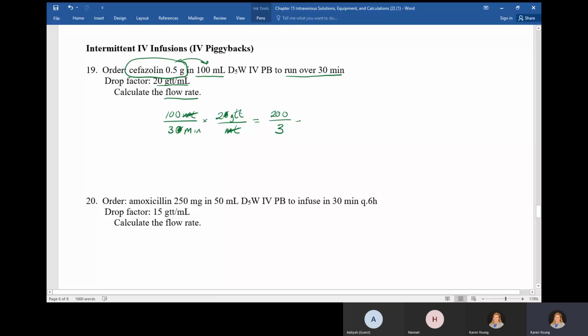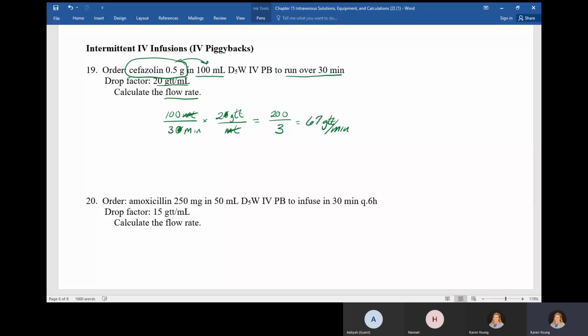And that gives me about 67 drops per minute. And that's all there is to it. So that goes back to what we did really on Tuesday. We're just not doing the time conversion.